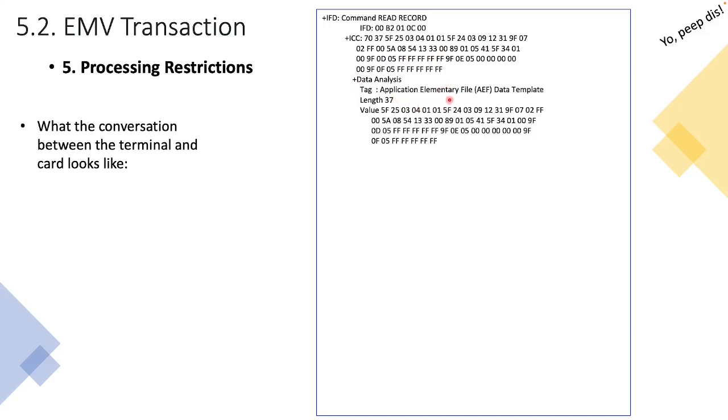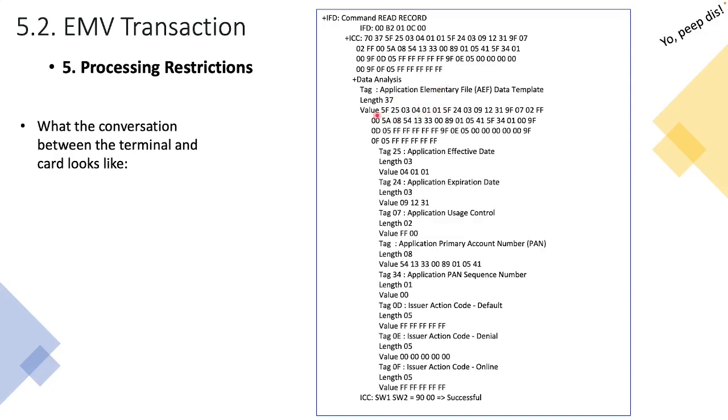So there we've got data analysis, and then basically 5F25 length of 3, and the value therefore would be 040101, right? And that's your application effective date, year, month, day. Okay. Application expiry date, year, month, day, 31st December 2009.